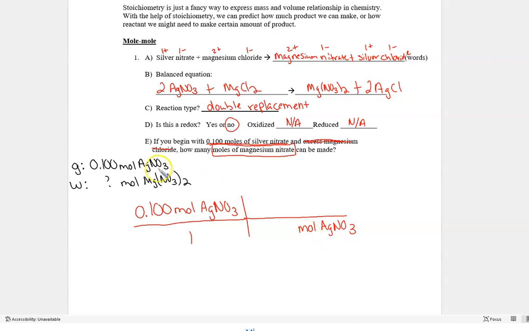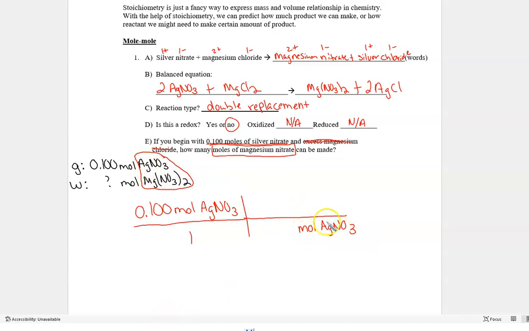What makes this stoichiometry is the fact that we are seeing that these labels are different here. I'm starting with one compound, and I'm looking for something else from this balanced equation. The way I switch these labels is with what's known as the mole-mole ratio.